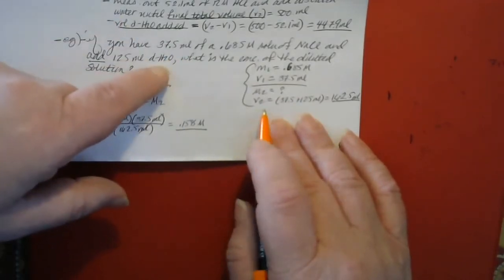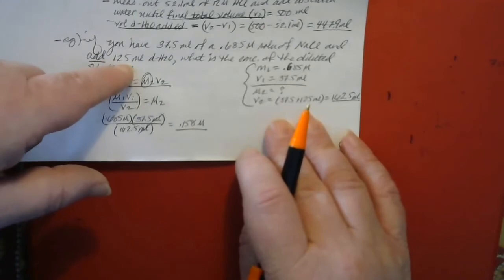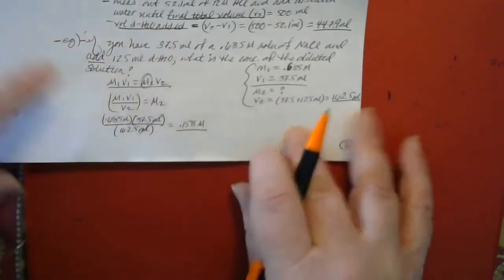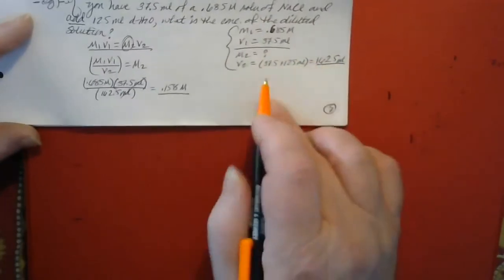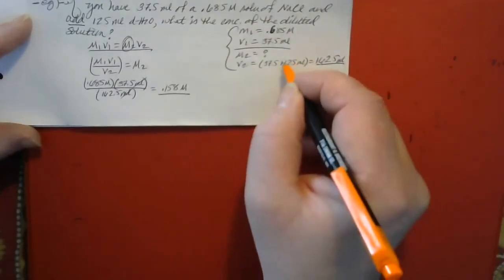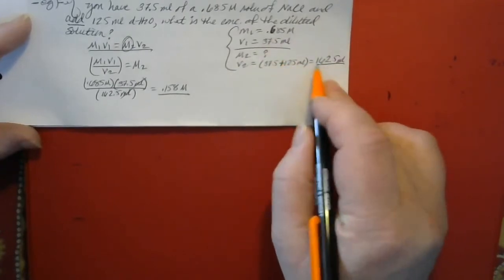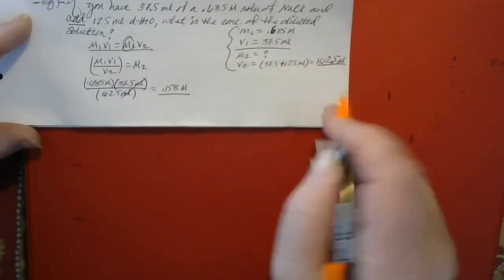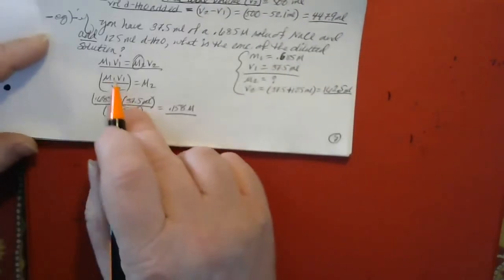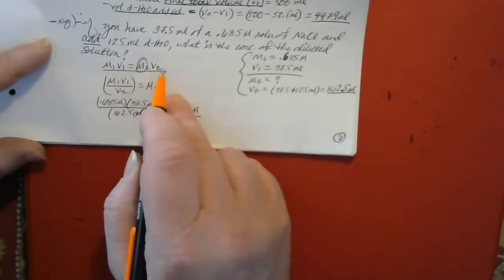So the total final volume is going to be the 125 I added plus the 37.5 that was already there. So V2 is 37.5 plus 125, which is 162.5. Now we can go to the equation, M1 V1 equals M2 V2.